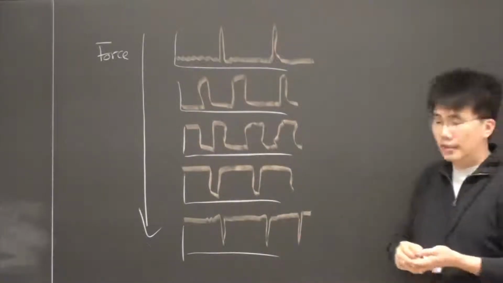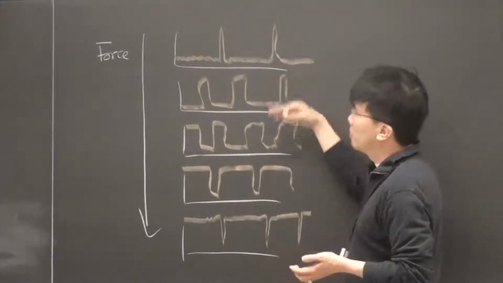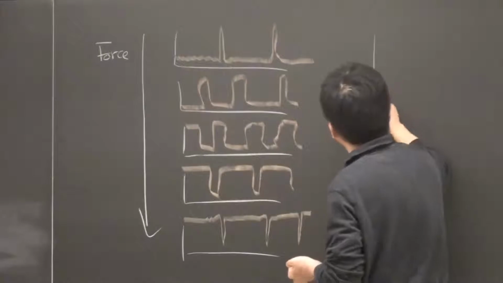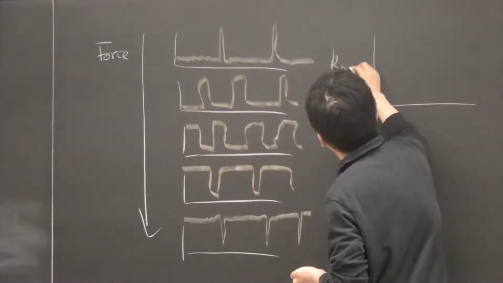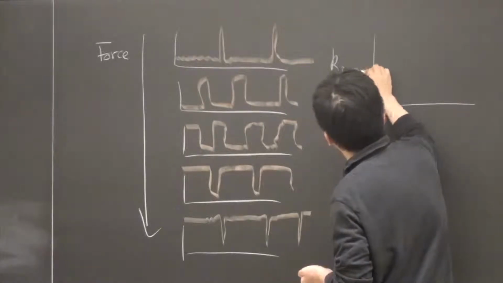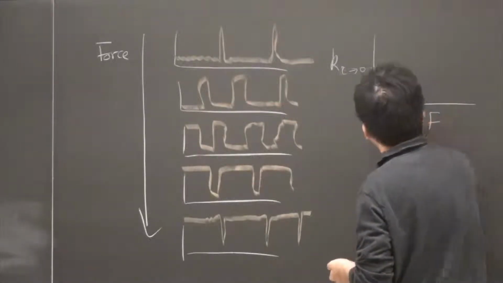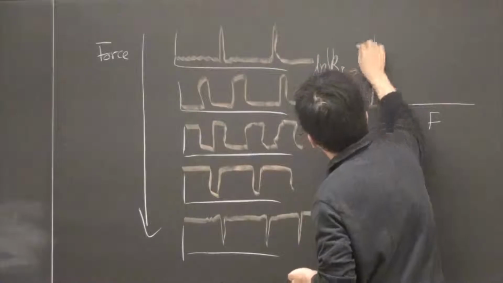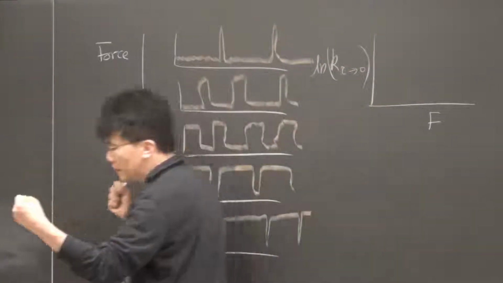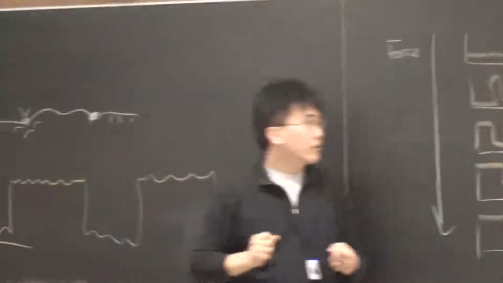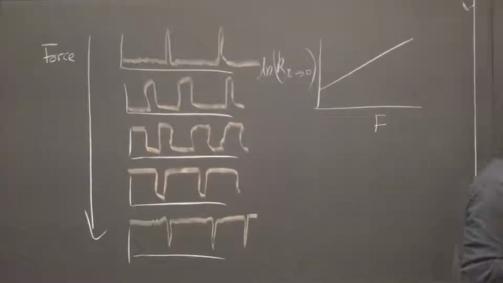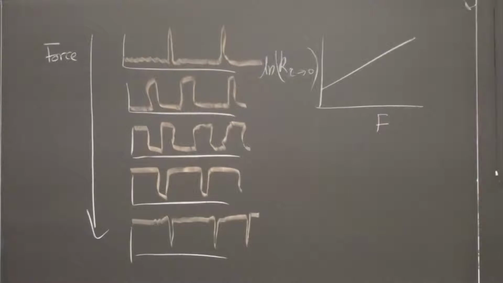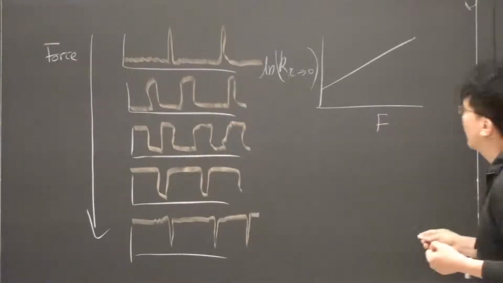So you can actually measure these transitions from a single molecule as a function of force, and then you can measure the rate of transition between the two states, for example, the rate of going from the closed state to the open state as a function of force. If you plot the log of that value, as you increase the force, this rate will increase exponentially with force. So in the log scale, you get a line like that.